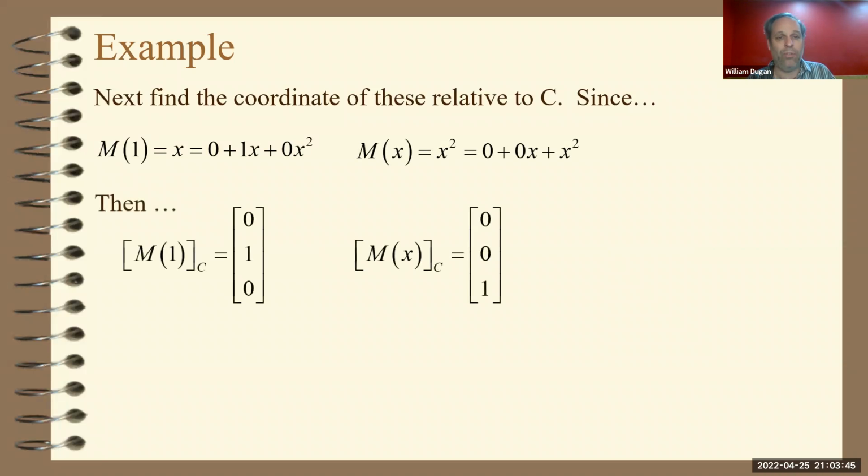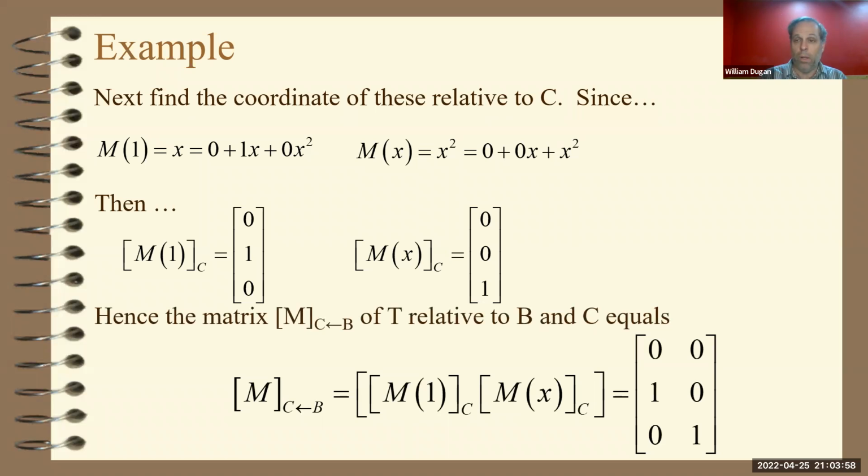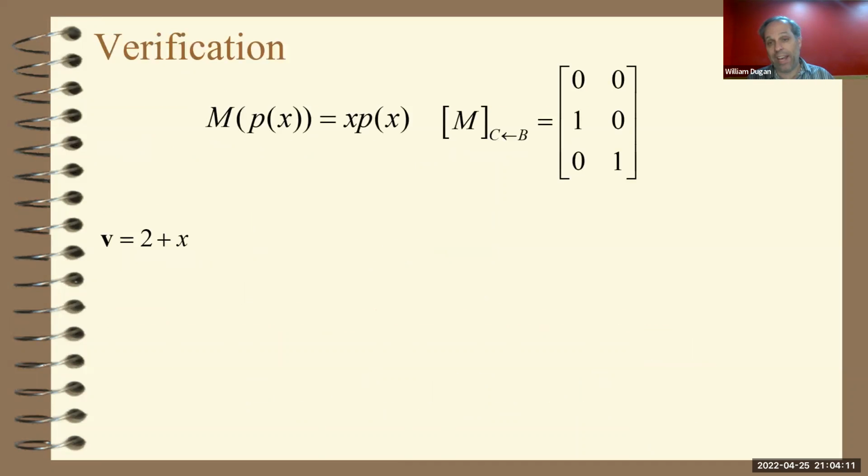And that allows me then to write down what those images are relative to C. So the images then are (0, 1, 0) and (0, 0, 1). Those are the two columns in the matrix. So the matrix of M from B to C is then equal to the matrix with columns (0, 1, 0) and (0, 0, 1).